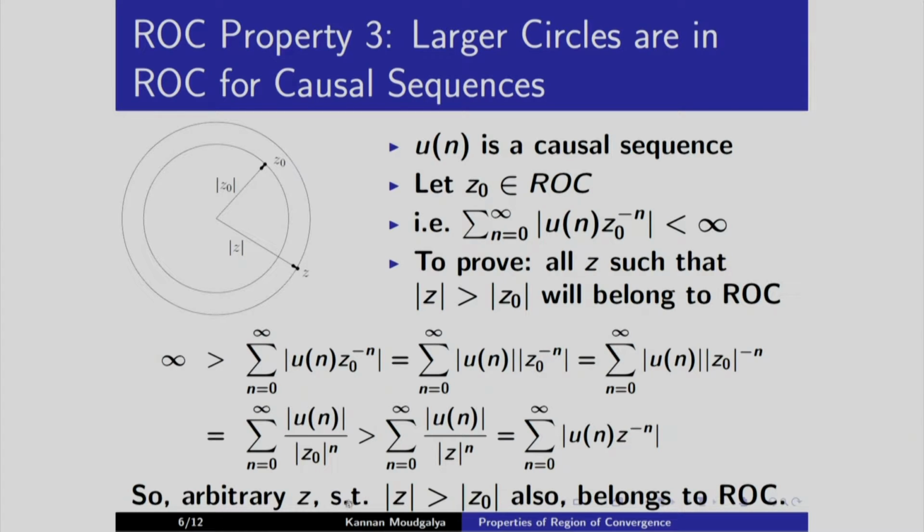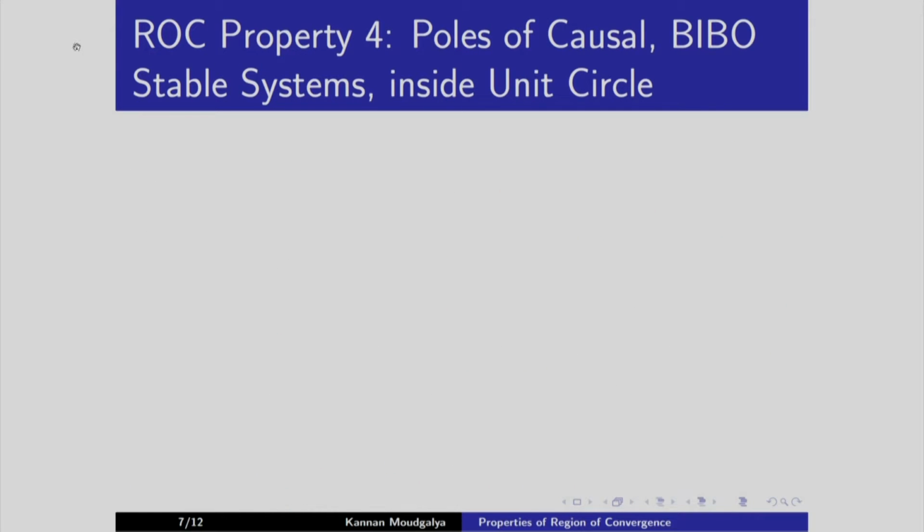So arbitrary Z such that absolute Z greater than absolute Z0 will also belong to region of convergence. So in other words, we say the larger circles are in region of convergence for causal sequences. Remember that this is applicable only for causal sequences or one-sided sequences. This is property 3. Let us go to the next property, region of convergence, property 4.